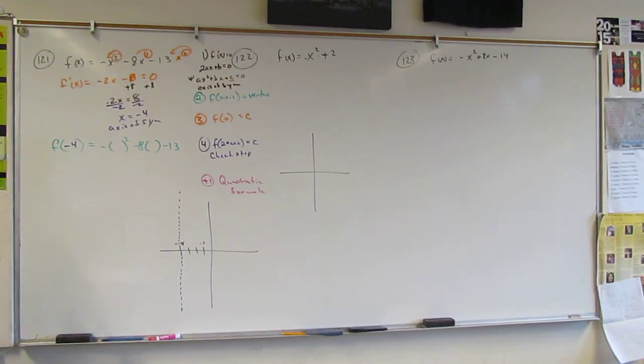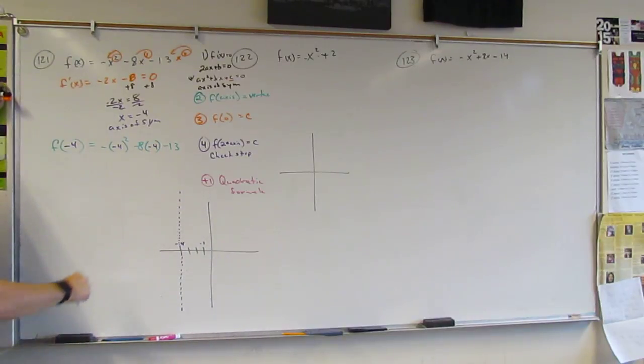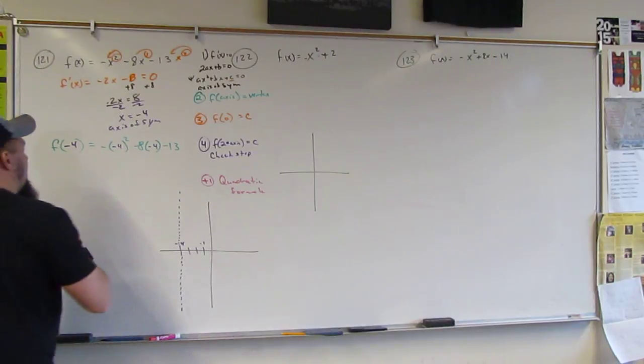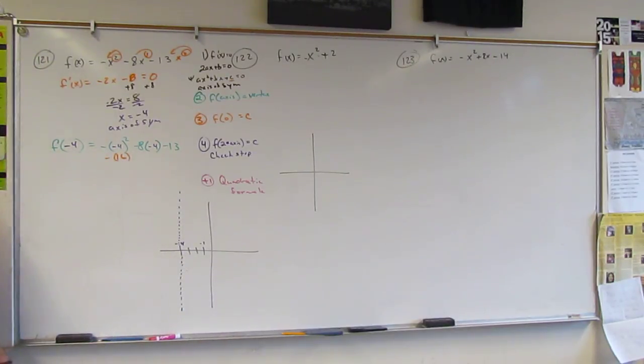And so I plugged in -4. So what is -4 squared? 16, right? But that's negative. Now, this becomes positive, but it's negative on the outside.